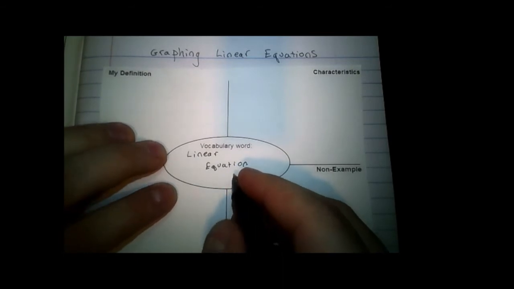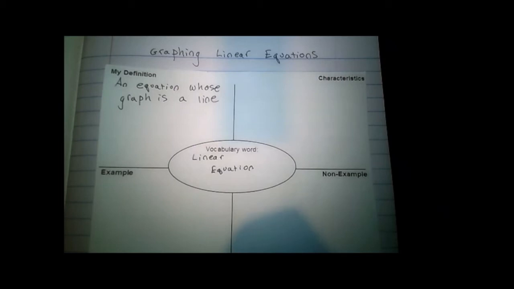So a linear equation is an equation whose graph is a line. It's a pretty straightforward definition. And this whole unit is on graphing linear equations, so there'll be more features about these kinds of equations coming up, but this is just a basic definition.